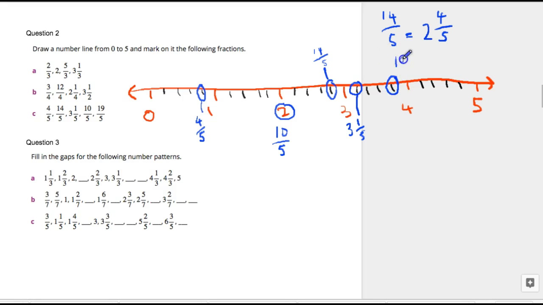And that's 19/5. And that is equal to, if I read it off my number line, 3 and 1, 2, 3, 4/5. Now, when you think about it, how many times does 5 go into 19? It goes in 3 times, and we have 4 remaining. Okay, so pause here if you need to copy that down.